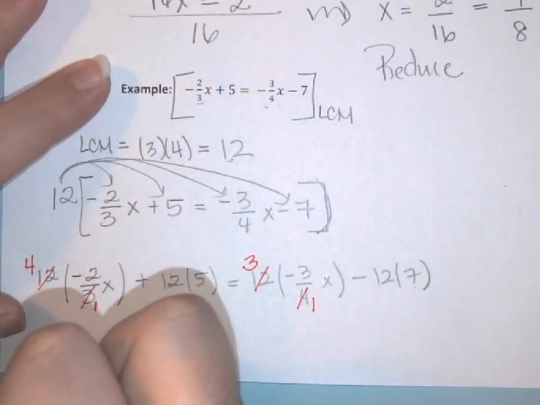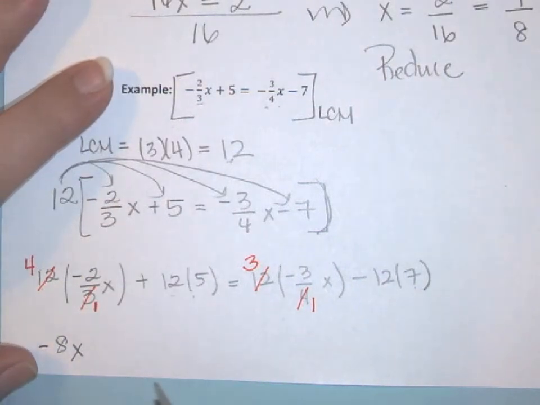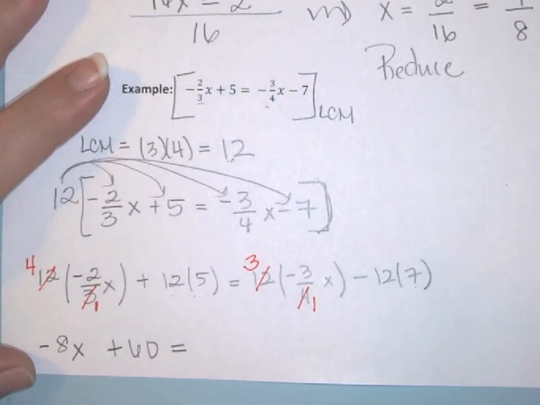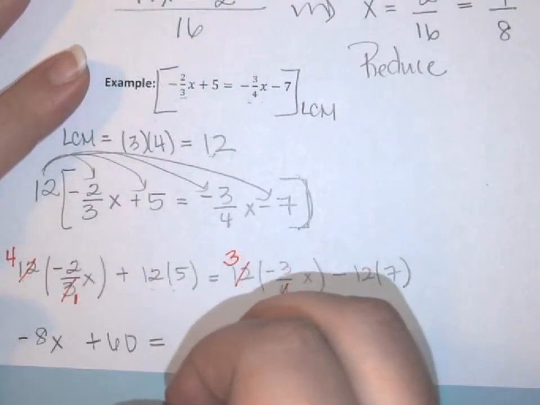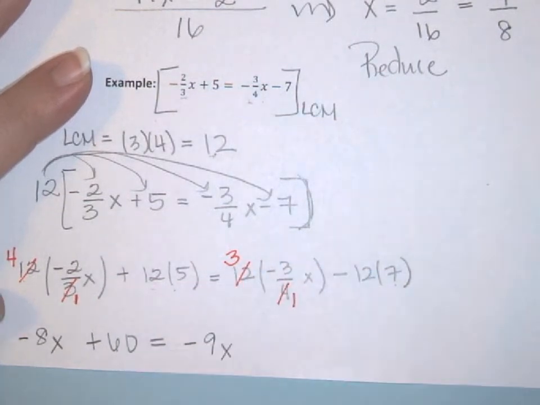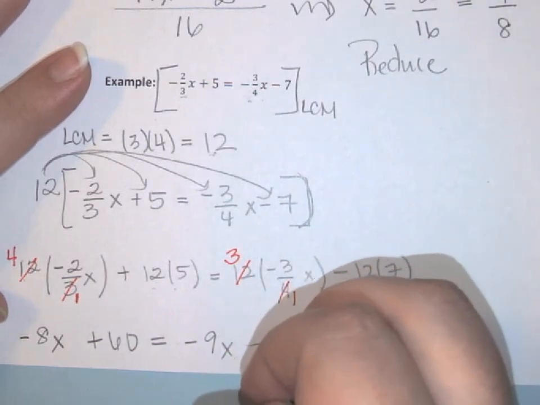So this is a negative 8x. And then I have 12 times 5, which is going to give me a positive 60. And then I have 3 times a negative 3. So this is going to be negative 9x. And then negative 12 and 7 gives me a negative 84.